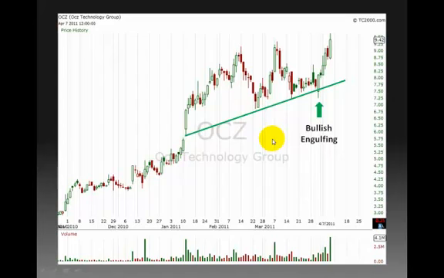You can see here that after this pattern formed, we were able to enter the trade at about $8 a share. It is now breaking out of a short-term high, and it's at $9.42 a share. So not a bad swing trade there. Let's move on to our next chart.